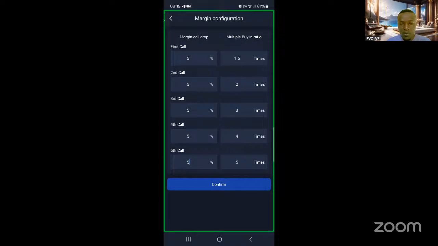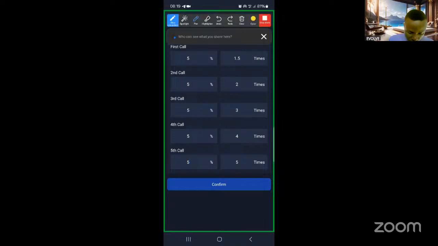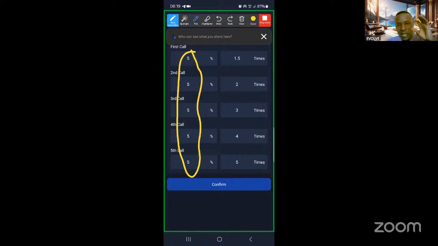Which adds up to 30%. What do I mean, 30%? This is total 25. Now add the negative 5 from the first position to the second buy. This is 25 plus the first one.